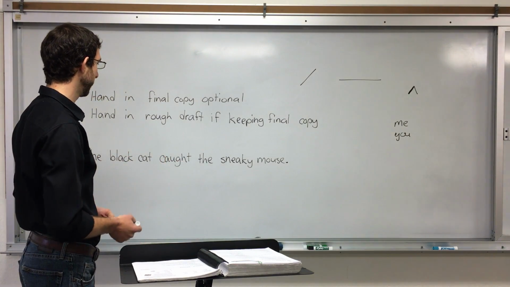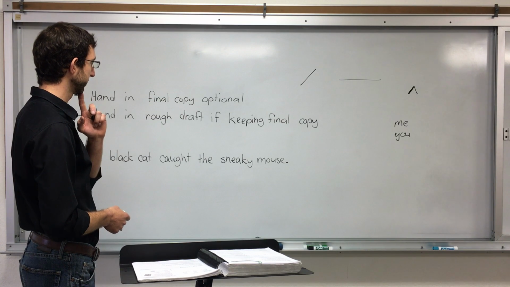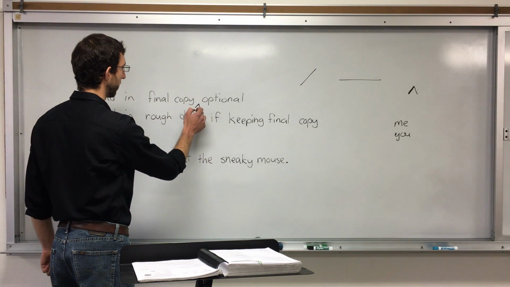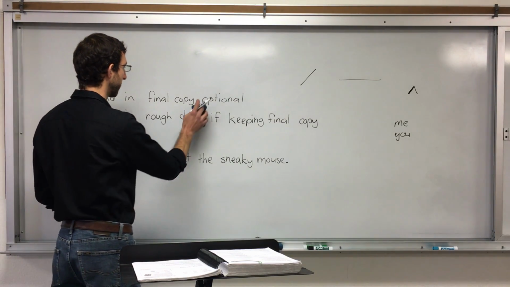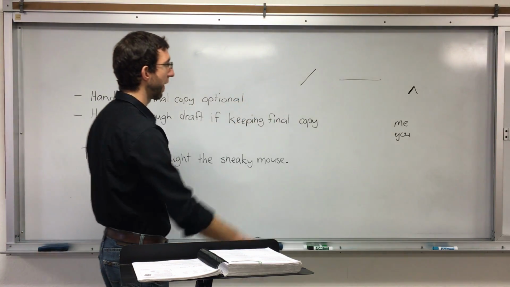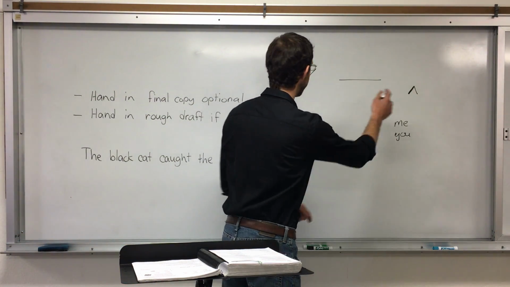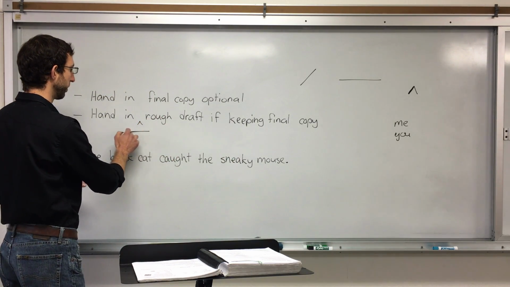Let's just say there's supposed to be a comma right here, and so you can do the insert mark with a little comma below it. You can also use that to insert a word if you need to. So just put the insert mark wherever you're planning to put an extra word, and write the word below it.